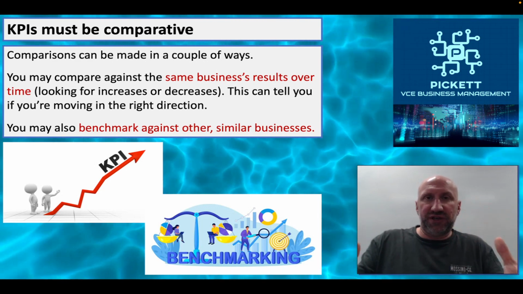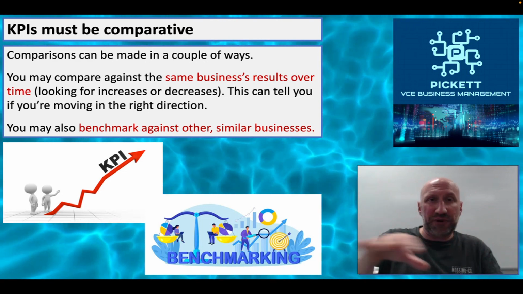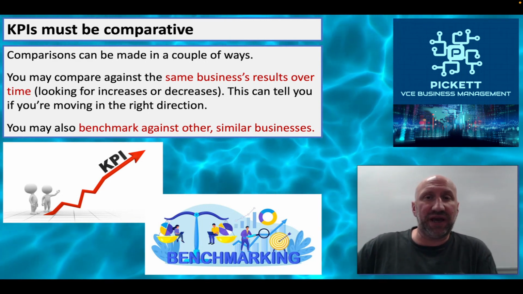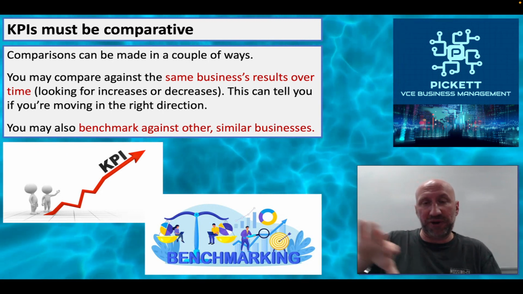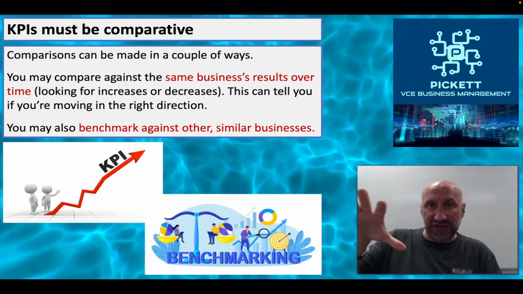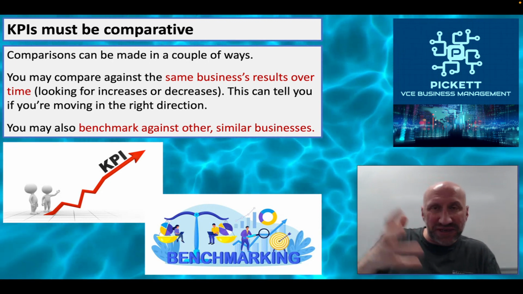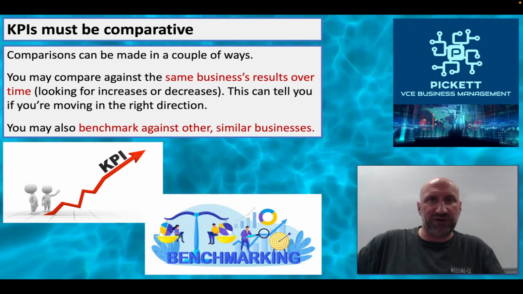That's because KPIs are comparative. So you've got to compare over a period of time. Now, these comparisons can be made in a couple of ways. You can compare the same business results over a period of time. So in other words, looking for increases or decreases in the same KPI in your business. That then tells you if you're moving in the right direction. That's what we were just doing with that example I just gave you.